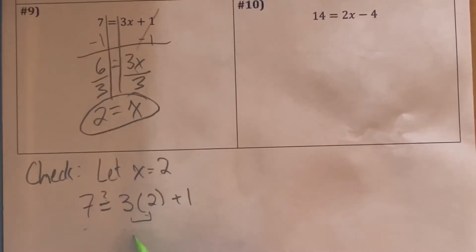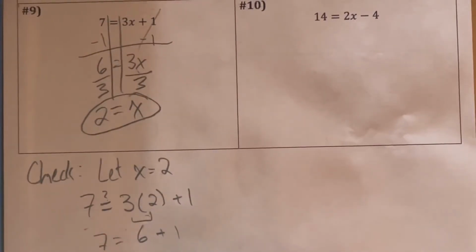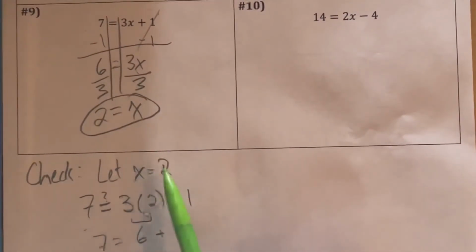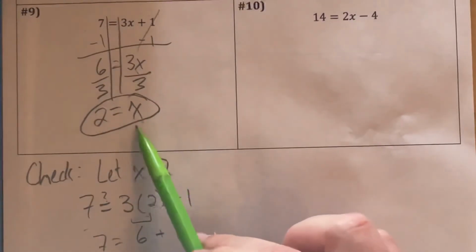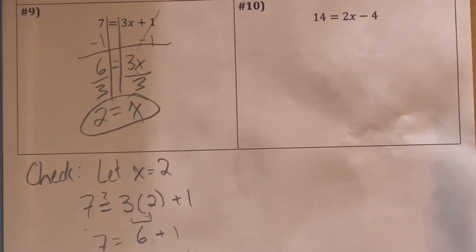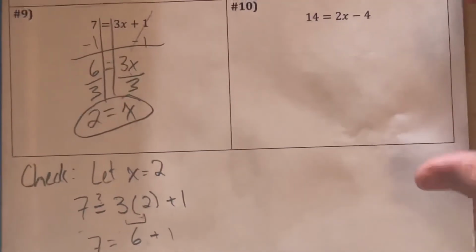So I have 3 times 2 is 6, plus 1. And since 7 is equal to 7, be very mindful of what your answer is. I'm still saying that x is equal to 2, but since both sides are equal to 7, I know that x equals 2 for this problem.